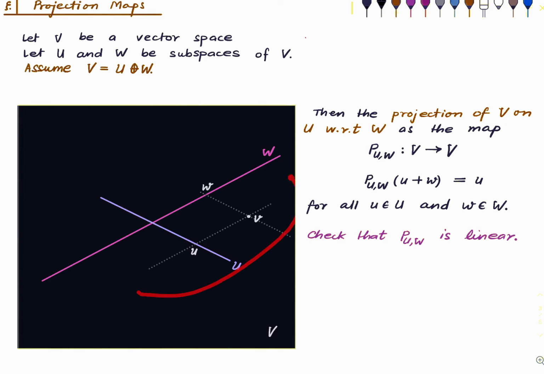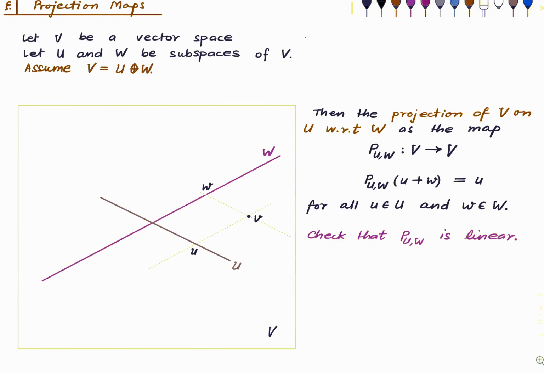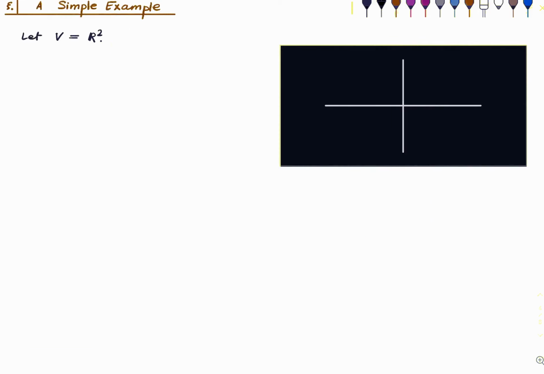So this is the general picture, and this is the concept of projection. It's a nice concept. And let us see one concrete but very simple example. So here what we have is R2, and these are our subspaces.